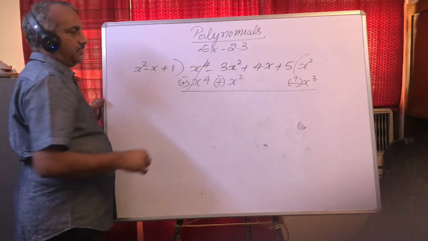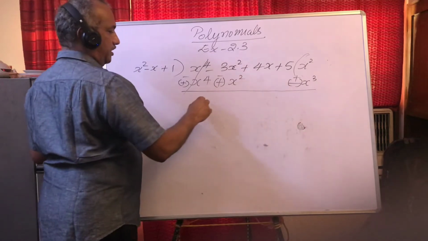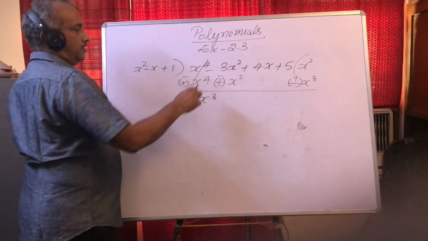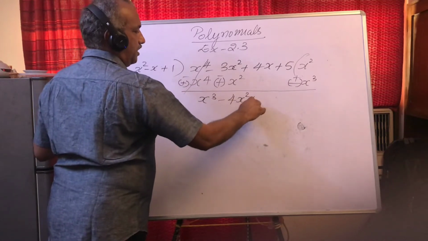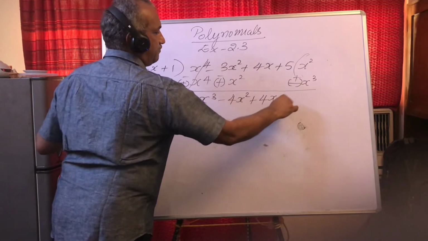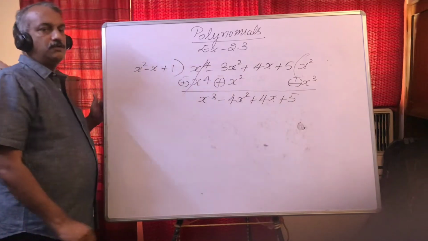Now this is cancelled. I am writing first this one, x cube, then minus 3 minus 1, minus 4x square plus 4x plus 5. First division is over.